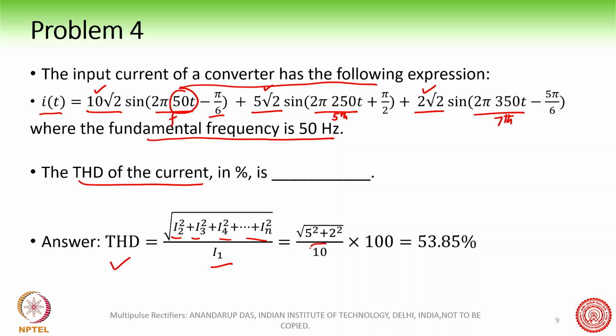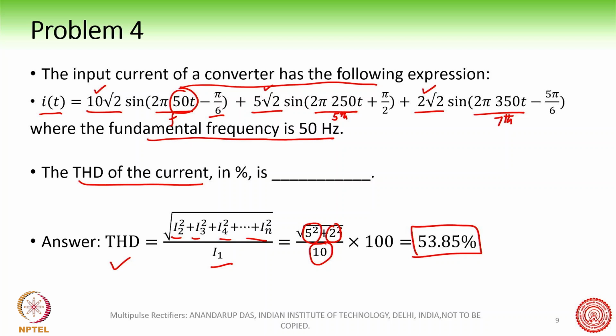So I1 has an RMS value of 10, whereas the fifth harmonic has an RMS value of 5, the seventh harmonic has an RMS value of 2. So therefore this THD straight away, if you see, is 53.85%.